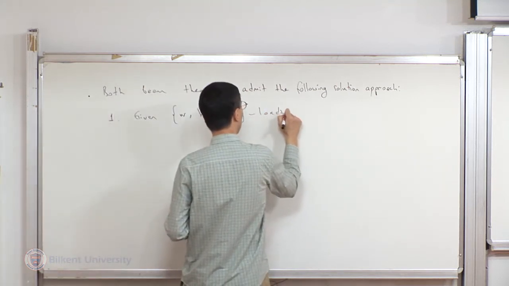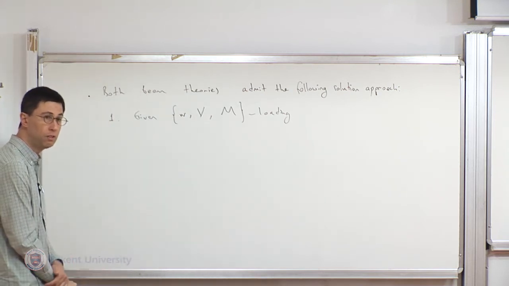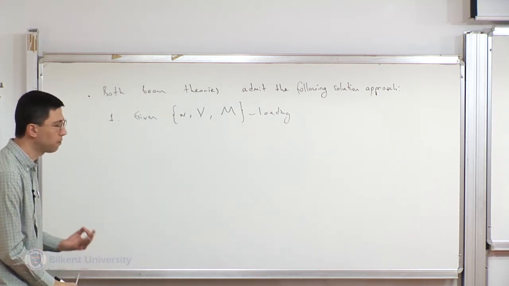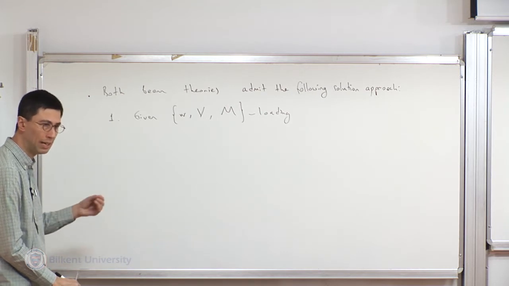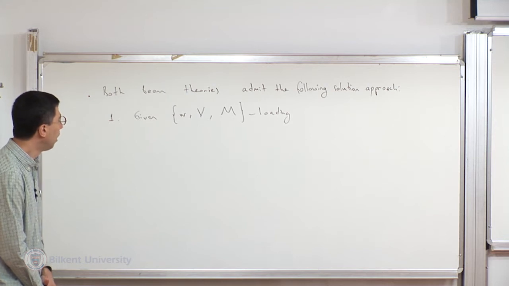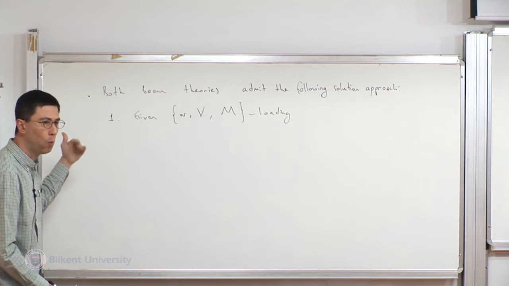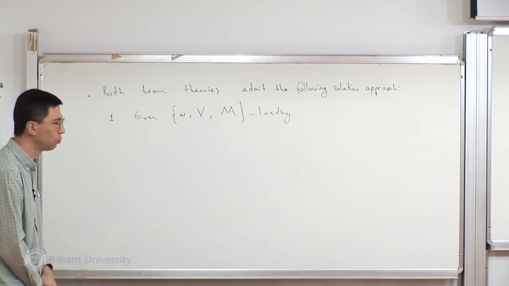And given this loading, our goal is to determine what the deflection is. And deflection is something that represents the center line, the neutral axis, vertical displacement in the two directions. We are interested specifically in deflection because I know what the stresses are like from the analytical solution.